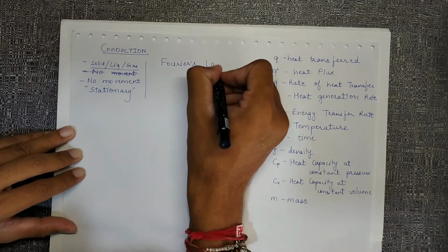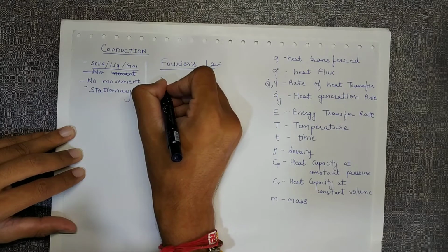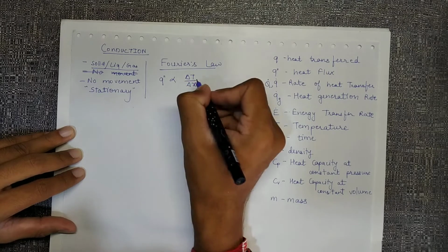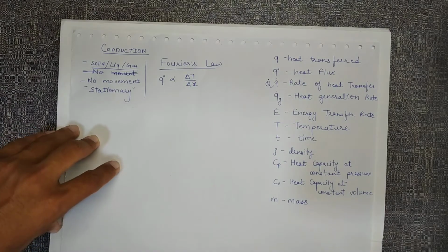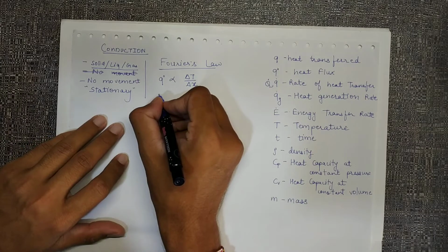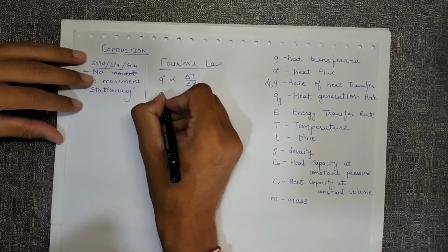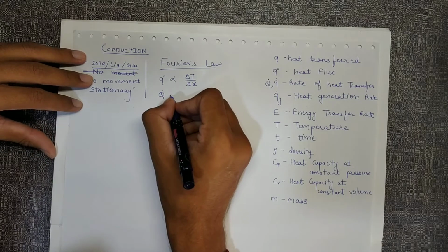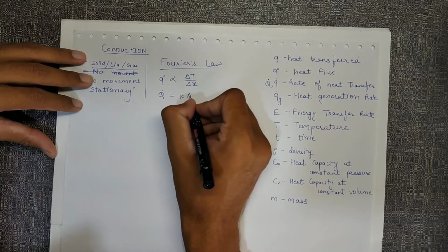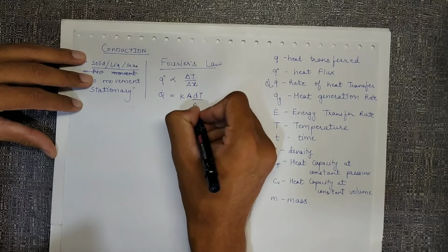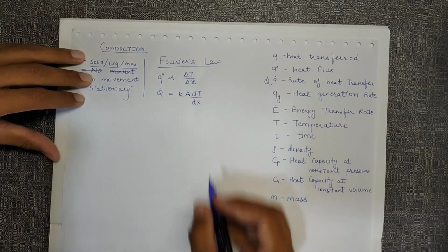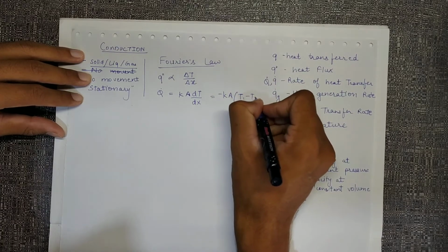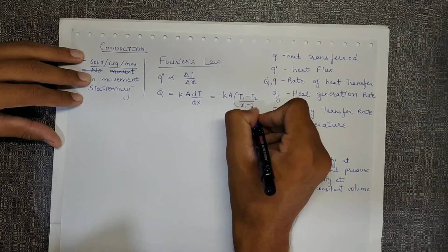Okay, and then we have Fourier's law, which is of our interest. We know that Fourier's law says heat flux is directly proportional to delta T by delta X, or the temperature gradient. The final equation was the rate of heat transfer is equal to minus KA dT by dx, or minus KA (T1 minus T2) by (x1 minus x2).